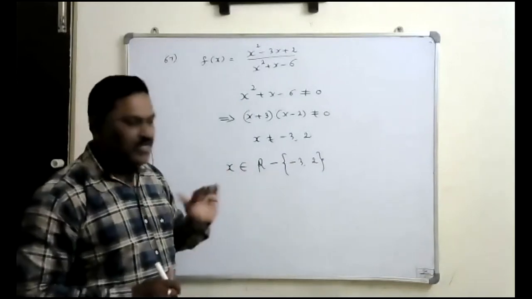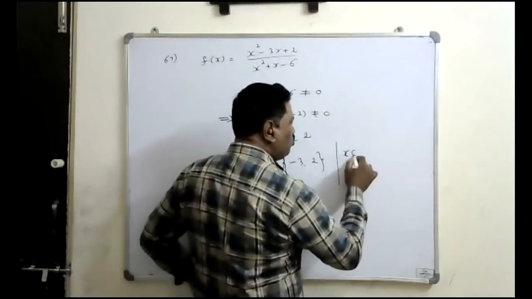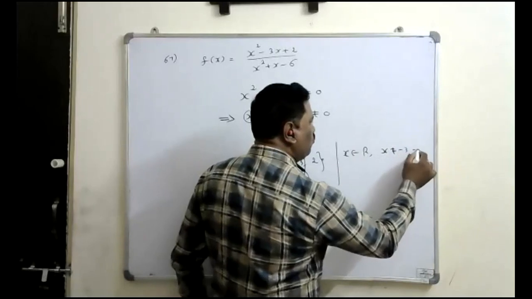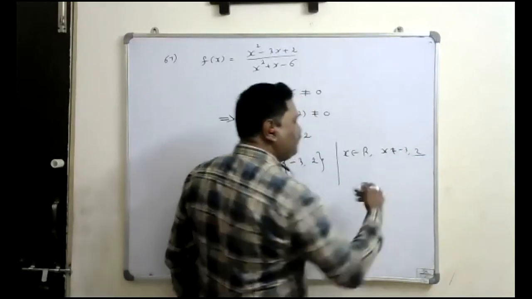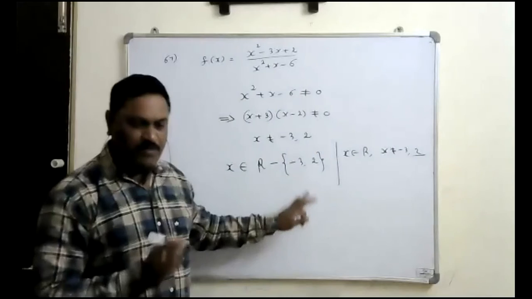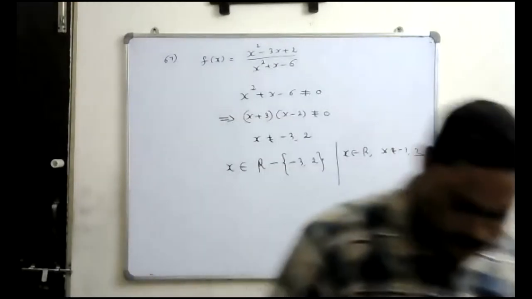Like that you can consider. Or sometimes we also may mention like that, x belongs to the R, but x is not equal to -3, 2. वैसा भी लिख सकते हैं. Okay, as per the options we have to decide which one you have to take. Take that.